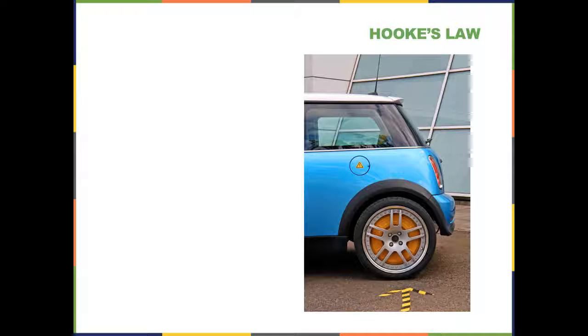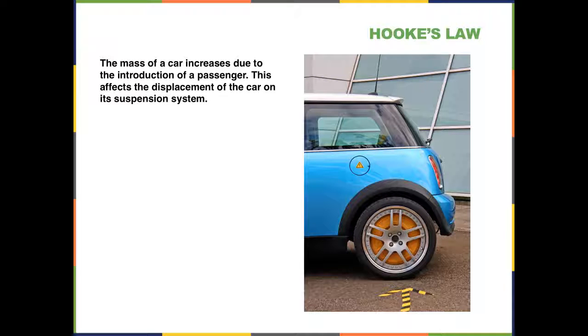Okay, let's take a look now at an application of Hooke's law. And here we have the back end of a car. We know that the back end of a car is supported by a suspension, a set of springs, and obviously these springs are going to have a restorative force.